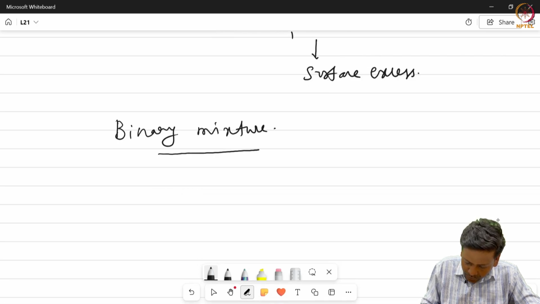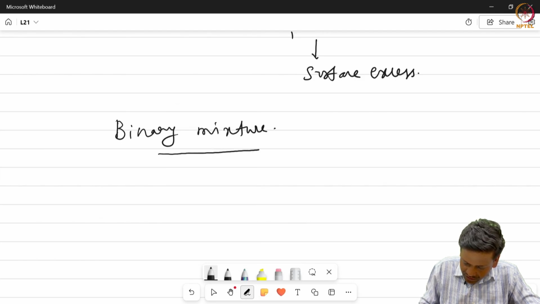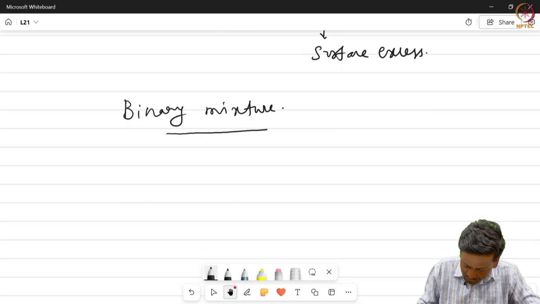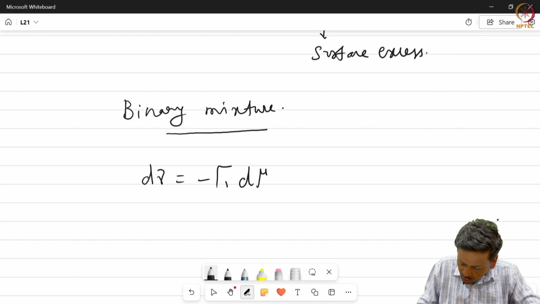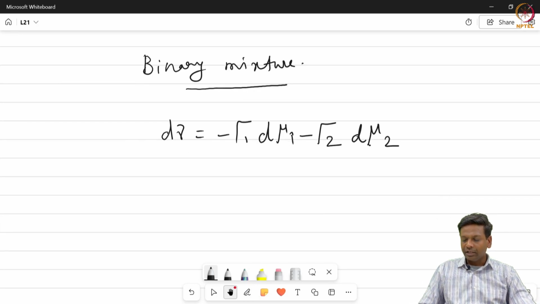You can explicitly write this equation as d gamma equals minus gamma_1 d mu_1 minus gamma_2 d mu_2. So, this is for the binary.